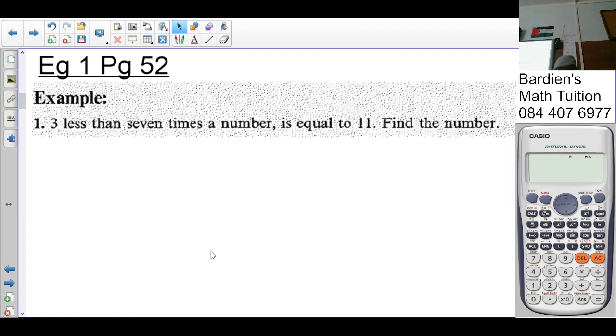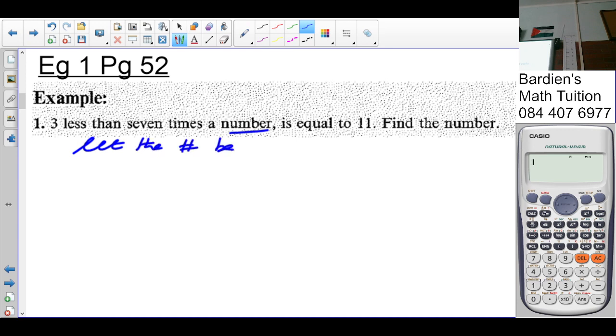Did you guys finish? Right. A 3 less than 7 times a number. So we start off by saying let the number be x.